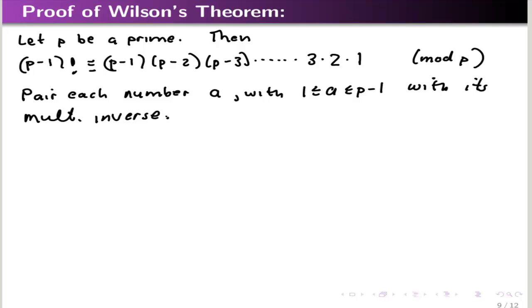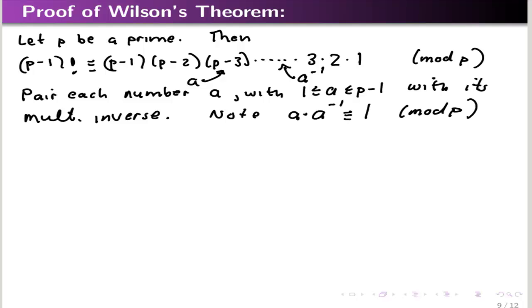And when you do that, you'll have an a would be one of these values, maybe p minus 3, and then somewhere in the list would be a inverse. And so you rearrange the product to group these two terms together and say, well, that's congruent to 1. Those two terms will just cancel out.